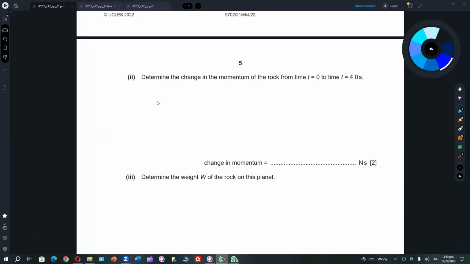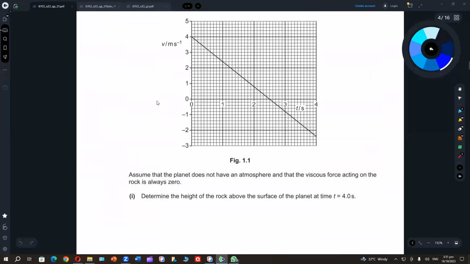Determine the change in the momentum of the rock from time t equal to 0 to time t equal to 4. Is it right that change in momentum is actually impulse? Change in momentum is impulse, right?